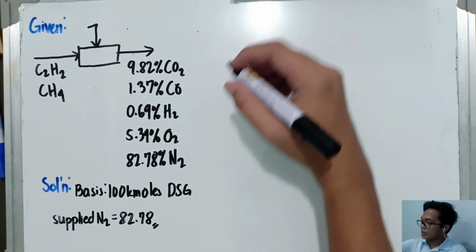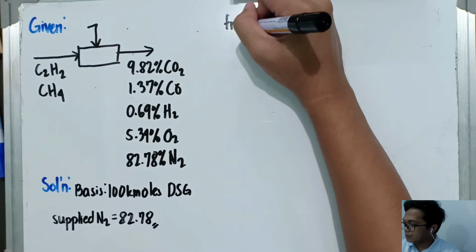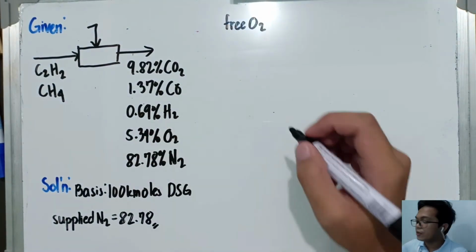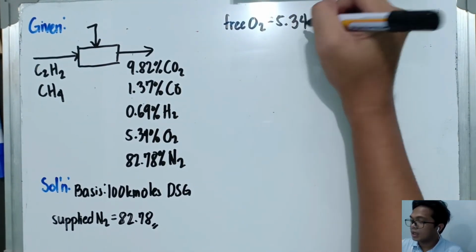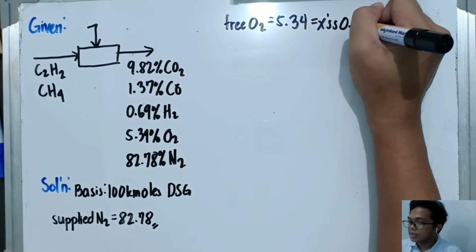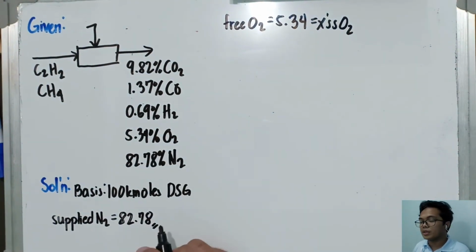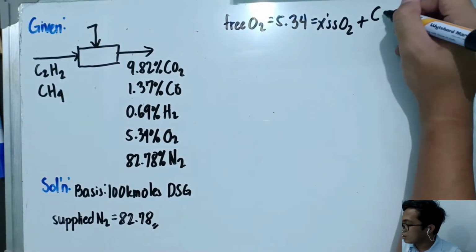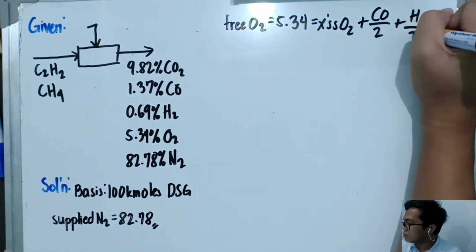So we have our free O2, which is given here as 5.34. And this should be equal to our excess O2. But since this is incomplete combustion, we have our CO and we have our H2. We have to add those up, so this is plus CO over 2 plus H2 over 2.